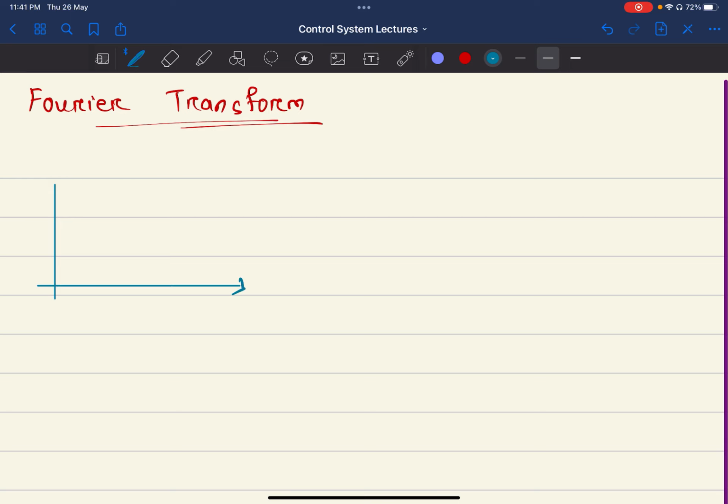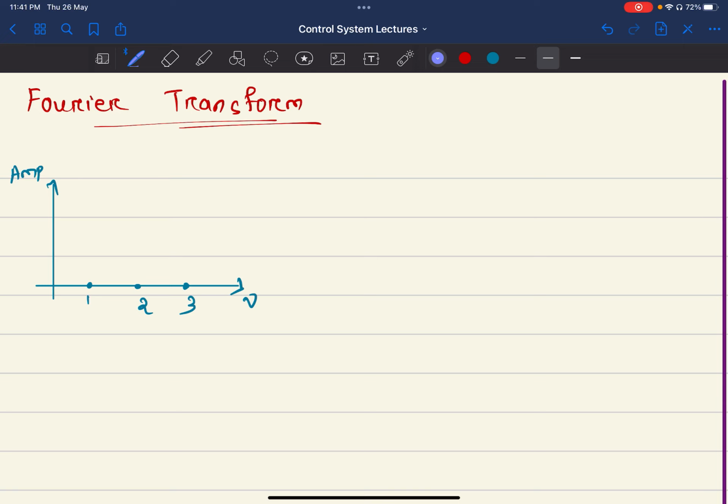Okay, just take it. So this is amplitude and this is frequency nu. So this is 1, this is 2, this is 3.